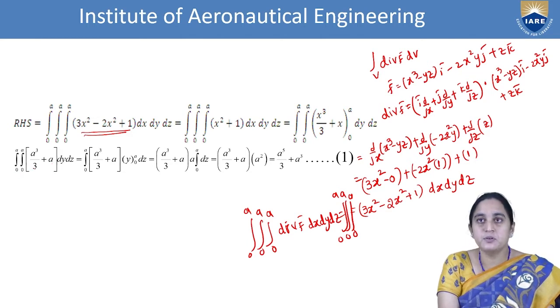After substituting the x limits, now integrate with respect to y. Here a cube by 3 plus a is constant with respect to y. That means a cube by 3 plus a, and the integration of 1 is y, with limits 0 to a.